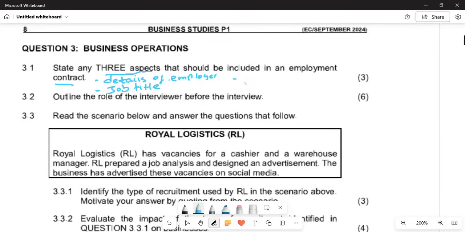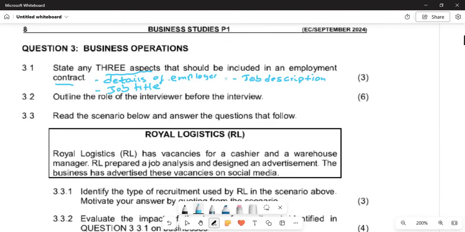Also, we can talk about job description, such as duties. That's when you're talking about the duties that the applicant or the employee must perform.